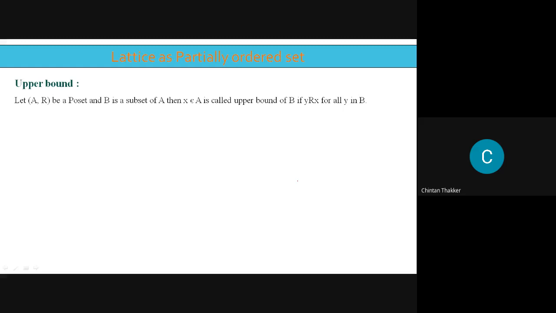We take the same example which we have taken in the lower bound. We have (N, D) as a poset, and we take B equal to {8, 16, 20}.